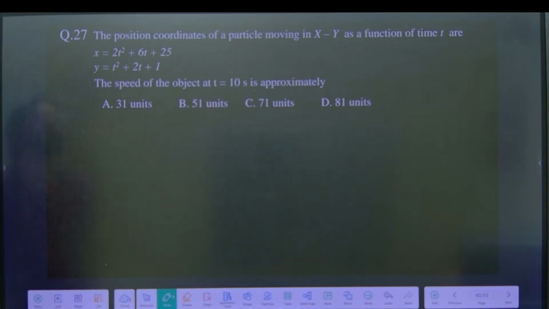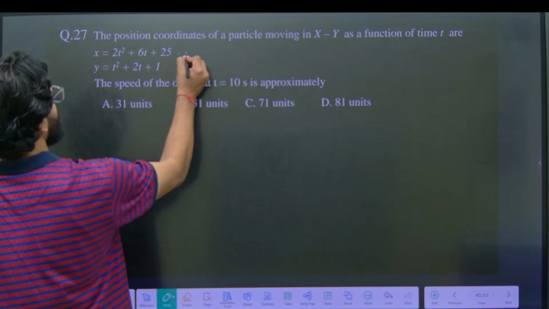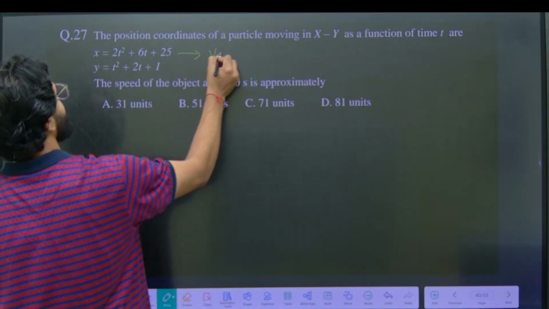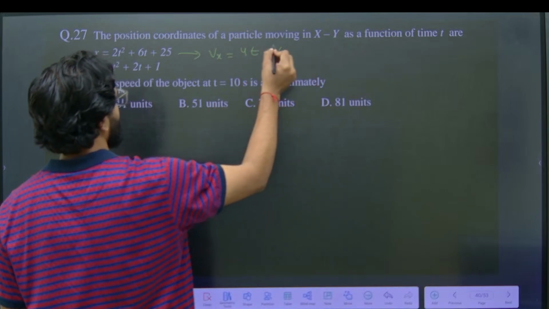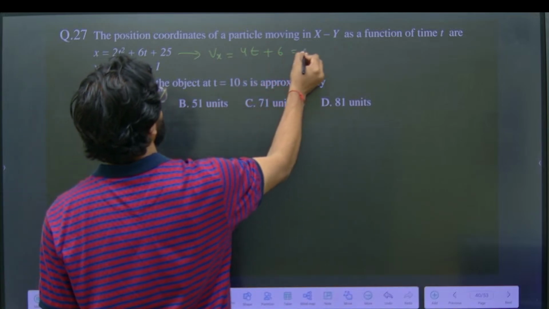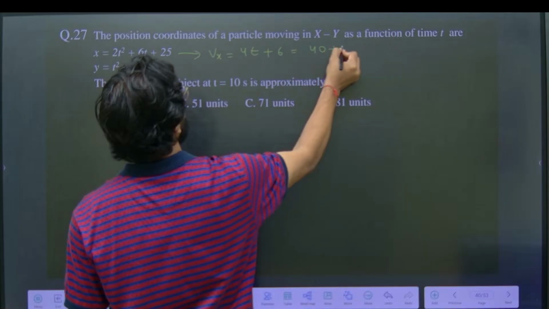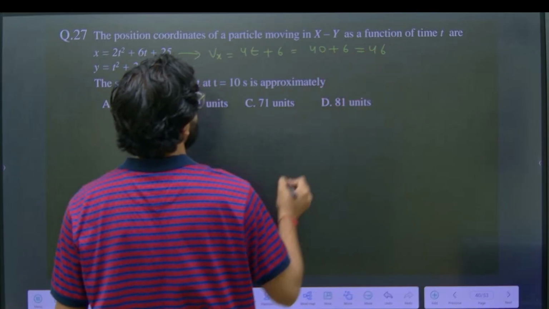Have a look. Y is this, X is this. The speed of the object at t equals 10 seconds. Vx will be 4t plus 6, at t equals 10 seconds it will be 40 plus 6, that is 46.